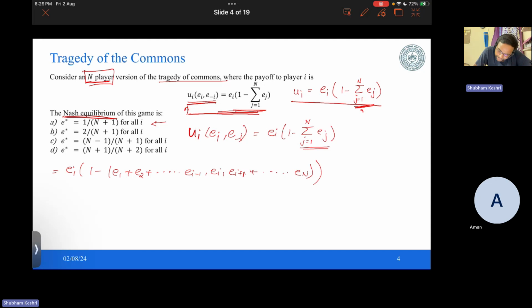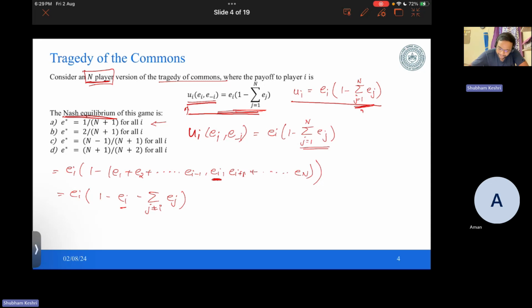So you have an Ei in this sum. You can just take this Ei out of this sum. When you do that, it will become Ei times 1 minus Ei minus summation of j not equal to i of Ej. So you are summing it up for all j not equal to i.